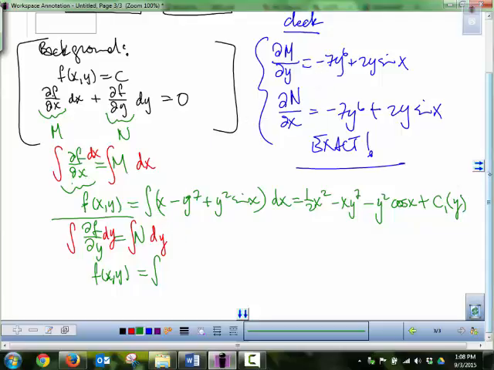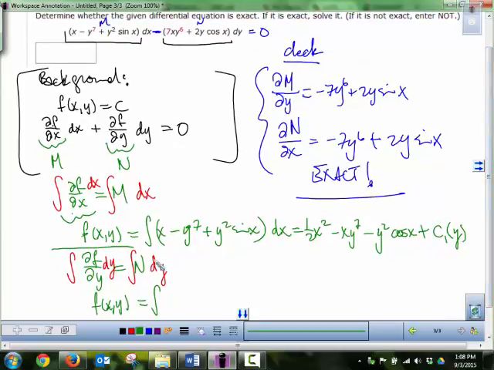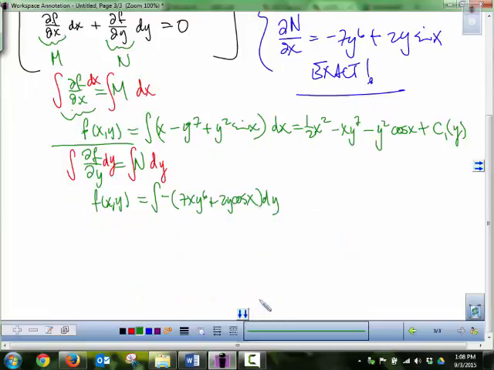So what is our m or our n function? This is a negative, so keep that negative there. Negative 7xy to the 6 plus 2y cosine x, and do this with respect to y. All right, the first one with respect to y is what?